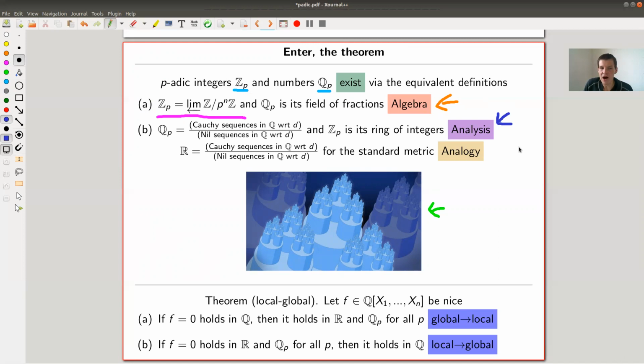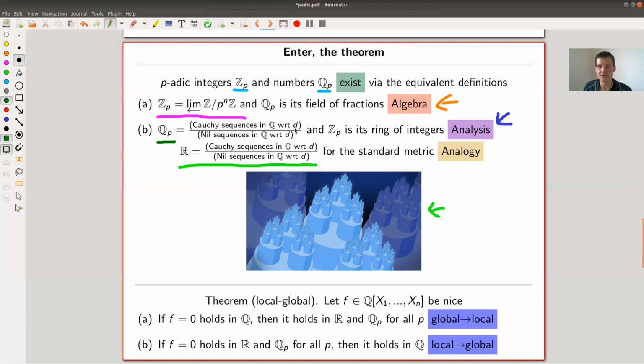So if you think about how R, the real numbers, is constructed, it is constructed by taking Cauchy sequences with respect to the usual distance in Q, and you mod out by null sequences. And you do exactly the same to construct the p-adic numbers.